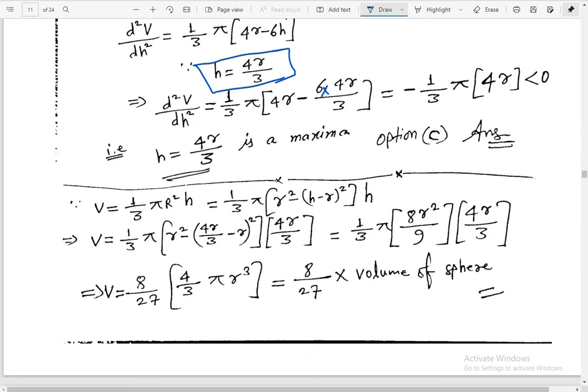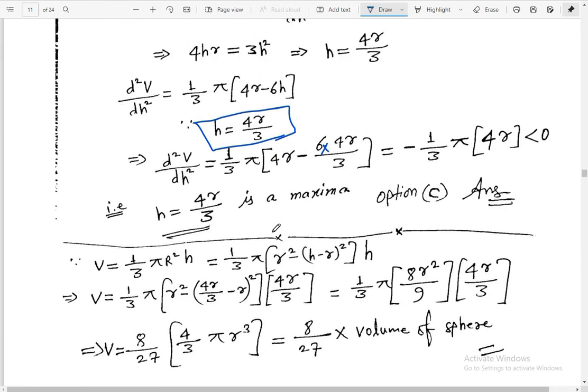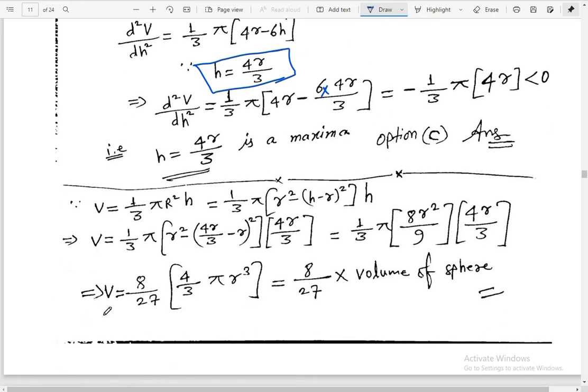If it were asked like this: the volume of a cone is equal to what times the volume of a sphere? The volume of a cone is 1 by 3 pi r square h.